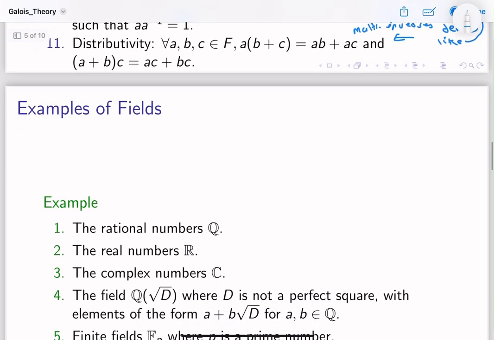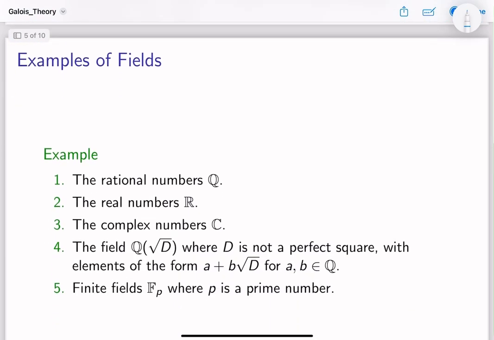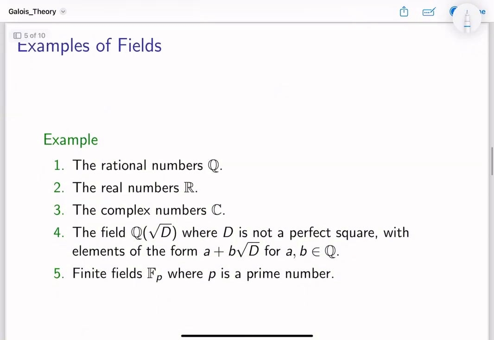Here are some examples of fields, and these are important examples because these will be appearing over and over again in Galois theory, and these are important examples of fields to keep in your pocket to use whenever a question comes.